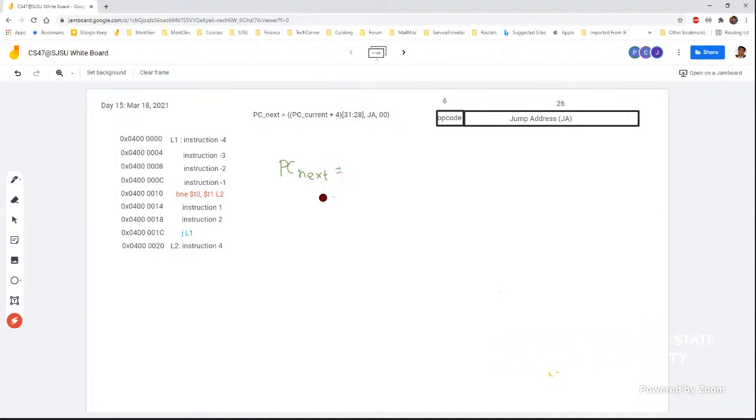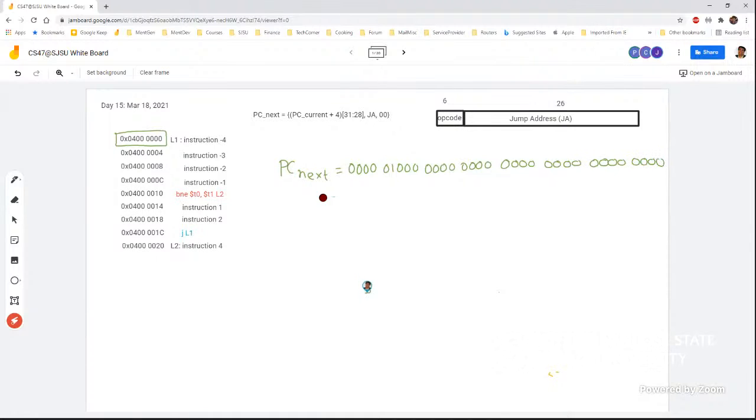We all know PC next is going to be this, which if we expand into binary is 0001 0000 0000 0000 0000 0000 0100 0000, 32 bits.